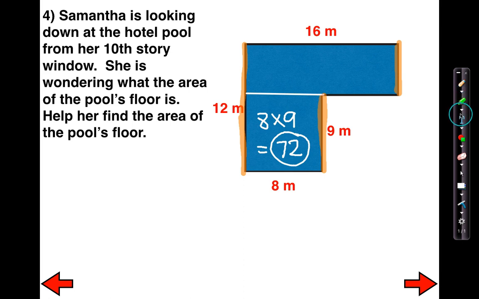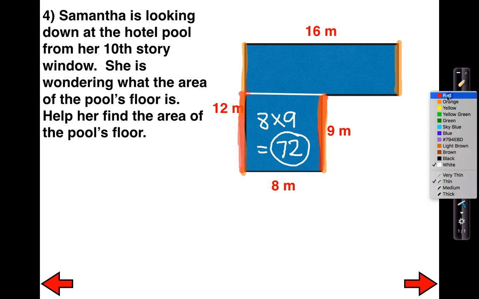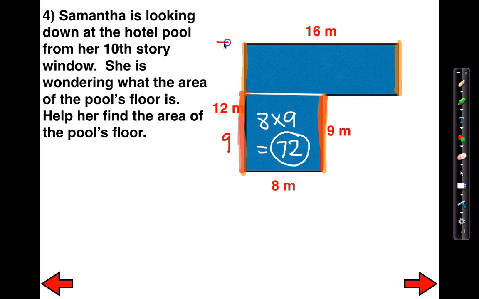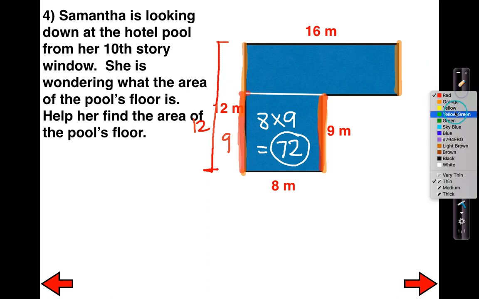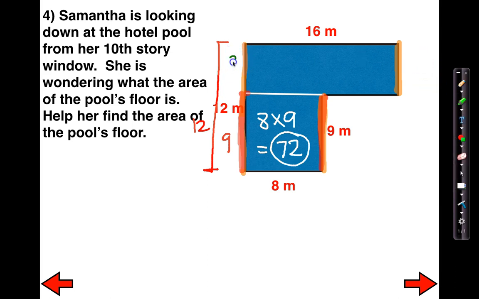If it helps, what you could do is think of it this way. This length here is 9. So from here to here, this is 9. Okay? But this whole thing is 12. So what's this missing length right here? Hopefully you've guessed it correctly and you said that it's 3, which makes this 3 as well.